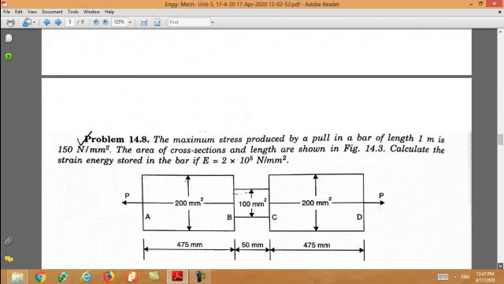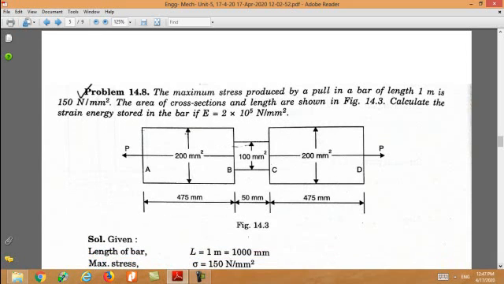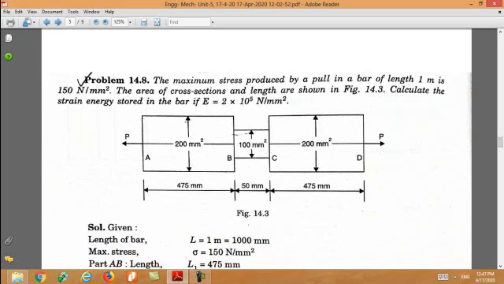Now comes the next question. It is a bar of different cross sections. You are seeing a varying section bar with tensile load acting. The question is: the maximum stress produced by a pull in a bar of length 1 meter is 150 Newton per millimeter square.